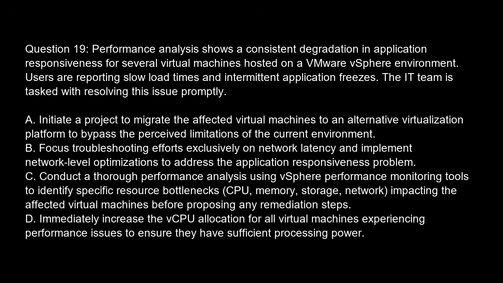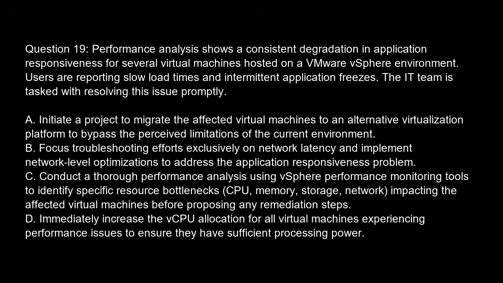Option A. Initiate a project to migrate the affected virtual machines to an alternative virtualization platform to bypass the perceived limitations of the current environment. Option B. Focus troubleshooting efforts exclusively on network latency and implement network-level optimizations to address the application responsiveness problem.